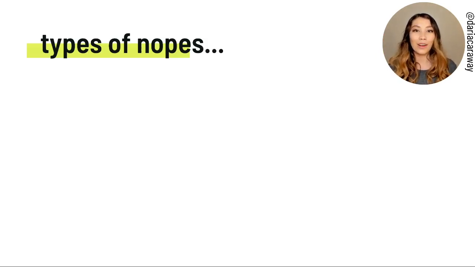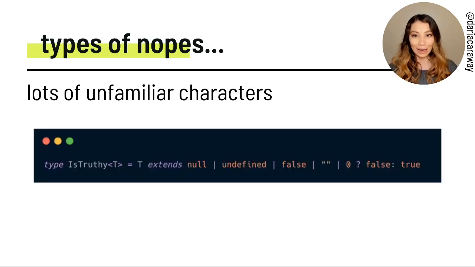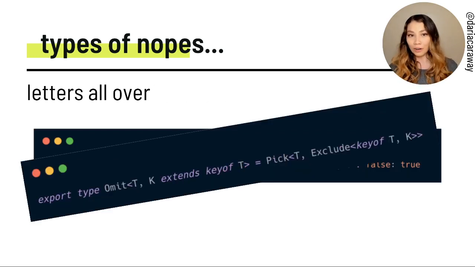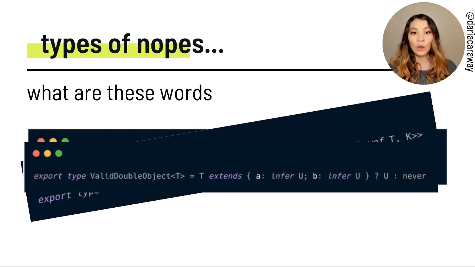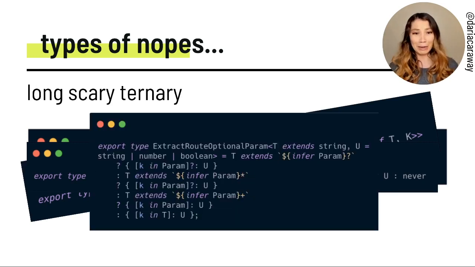But I've stumbled across various different types of TypeScript nopes throughout my years using TypeScript. There's the nope, this has way too many unfamiliar characters, I don't know where to start. Or the why are there so many letters, I don't know what they mean, nope. Or maybe it's just got a lot of TypeScript magic words that you're not sure what they do, are these new, I don't know.